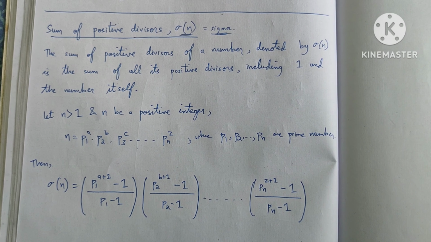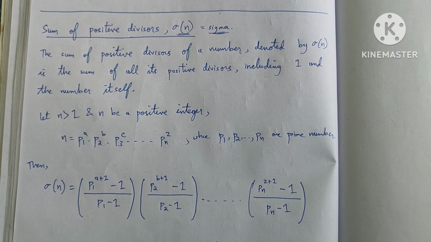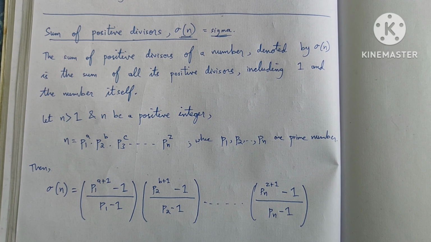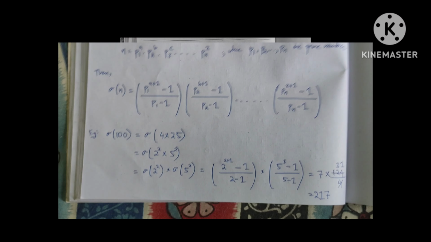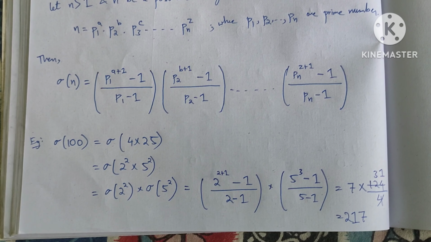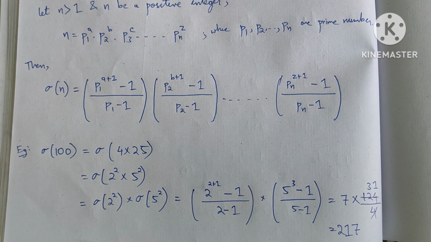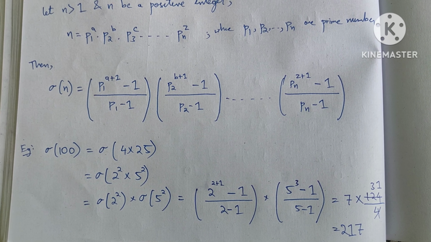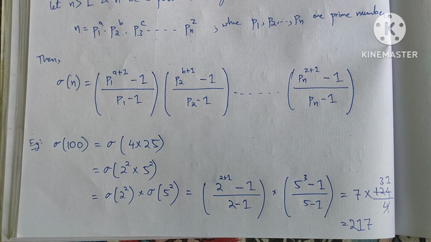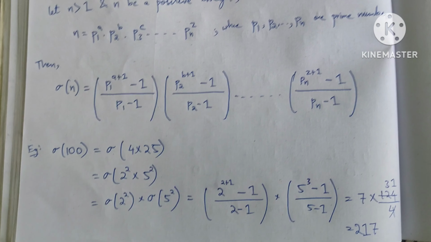So I'll just show some examples right now, and then it will be crystal clear for you guys. This is an example which I have taken, of sigma 100. First we write 100 as a product of its primes.